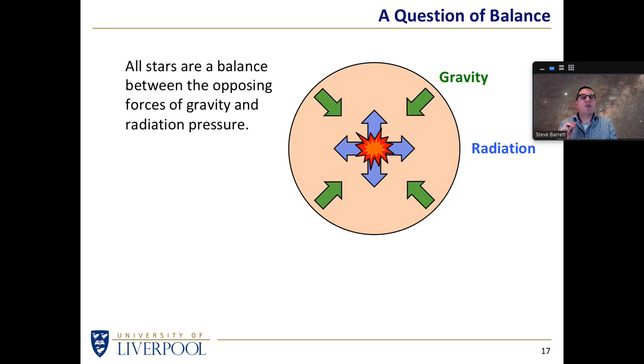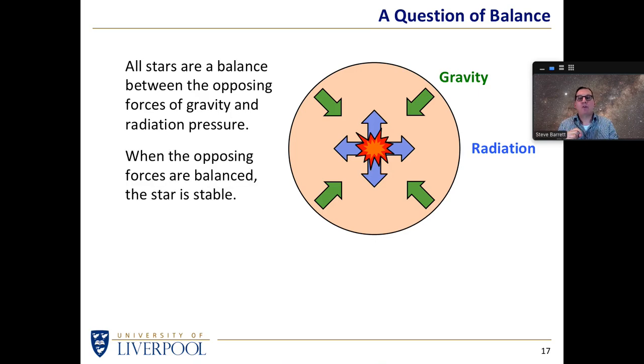In other words, all stars are a balance between gravity trying to crush the star and the radiation pressure from the nuclear reactor at the core trying to push outwards. When these two forces are in balance, the star is stable, such as our middle-aged sun.